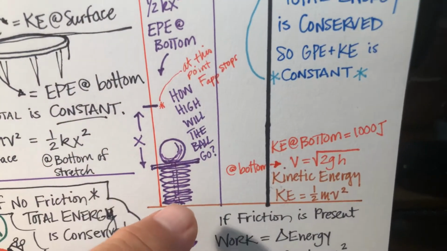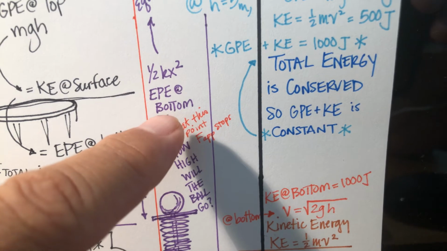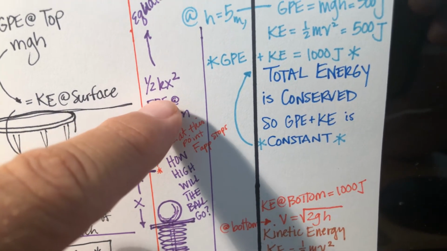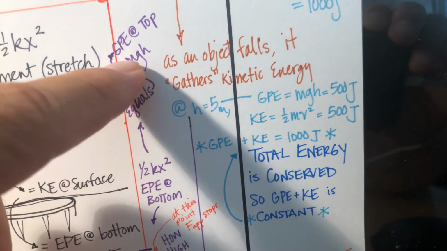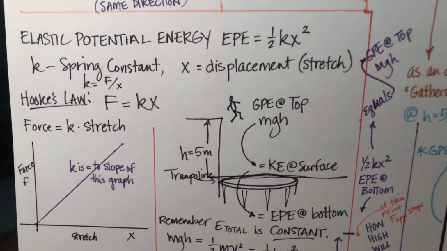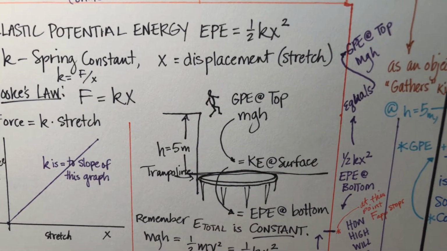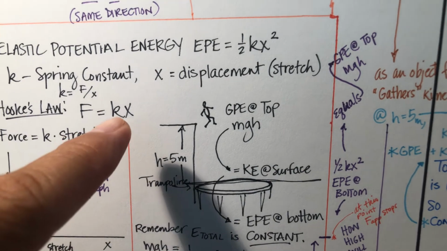So if we go through the process again, we've got stored energy in the spring. Once we release that elastic potential energy, 1/2 kx squared, it transfers into kinetic energy, which transfers into gravitational potential energy. Here k is the spring constant, and Hooke's law says F equals kx.